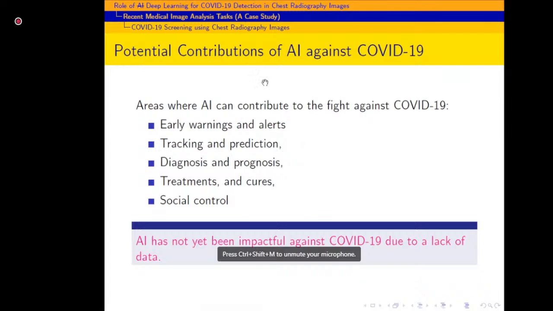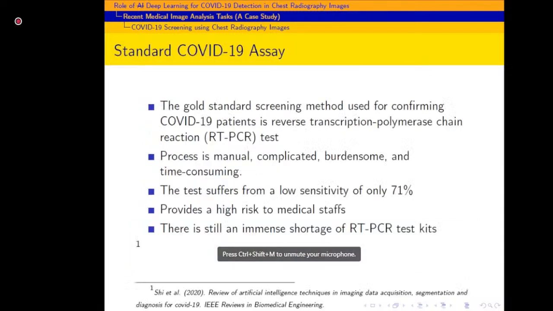And there are so many areas where you will find applications of AI in COVID-19, not only detection and prognosis. There are a lot of areas where AI can contribute to the fight against COVID-19, whether it is early warning and alerts, tracking and prediction, treatments and cures, or social control. Everywhere you will find applications of AI. So why are we talking about COVID-19 detection, although we have RT-PCR, which we all know is the correct method and the gold standard method?